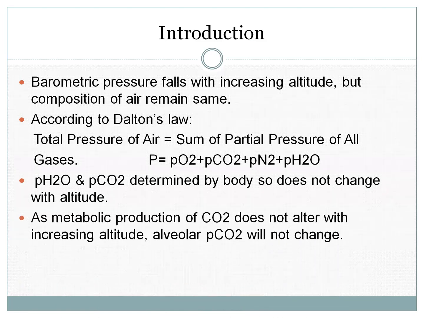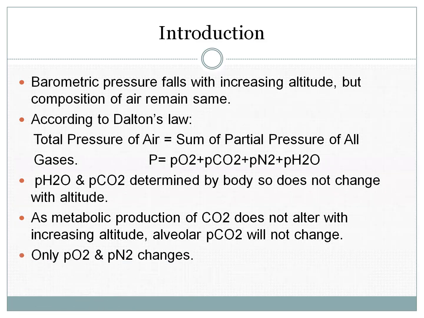As the metabolic production of carbon dioxide as well as water does not alter with increasing altitude, the alveolar PCO2 will remain the same. They would change only when the body's metabolism changes. But at high altitudes the metabolism is not hampered, and that is why these pressures will not change.